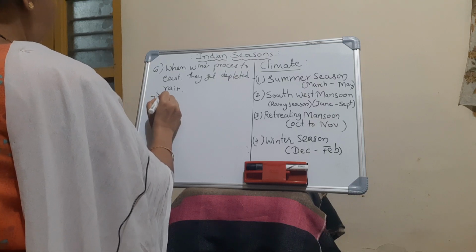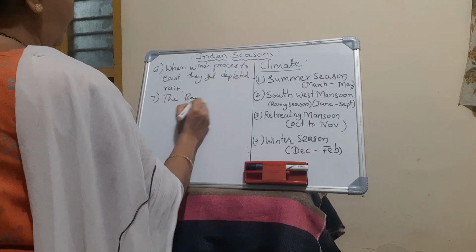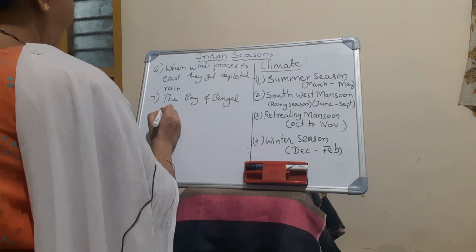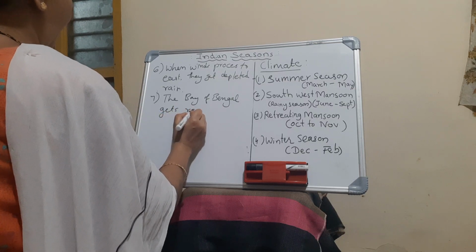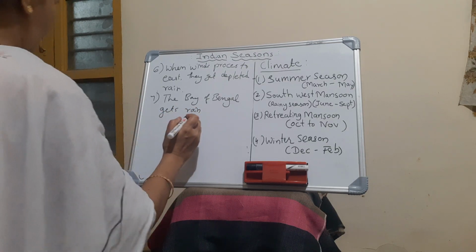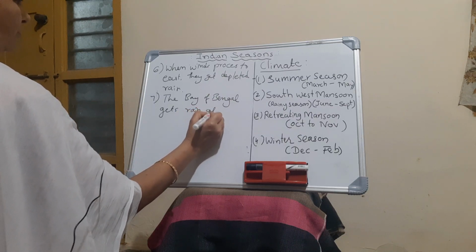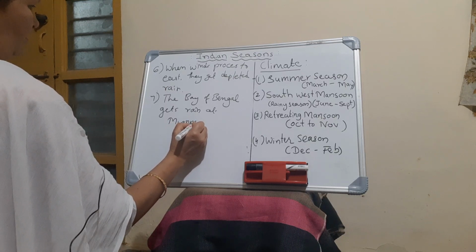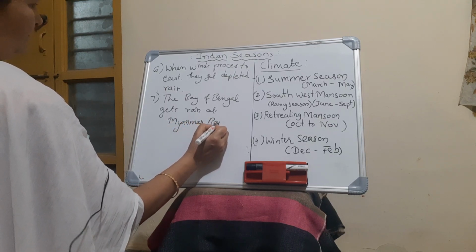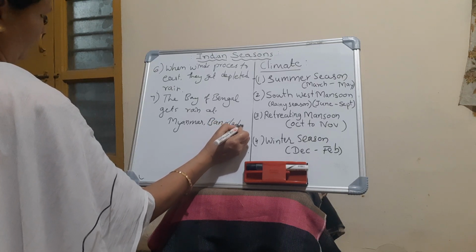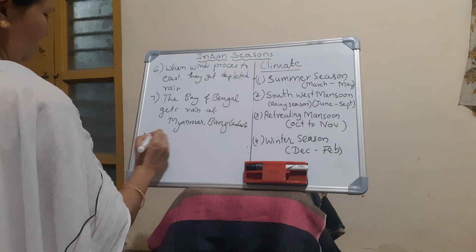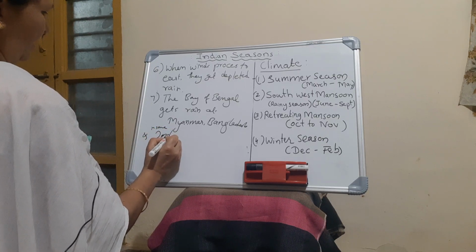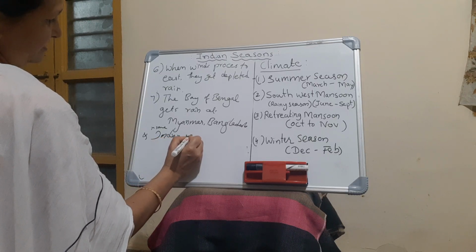Then seventh one, the Bay of Bengal gets rain at Myanmar, Bangladesh, and in some part of India, Indian region.